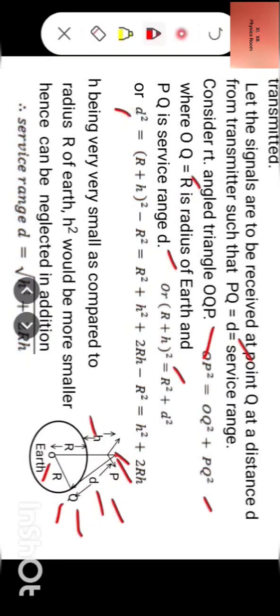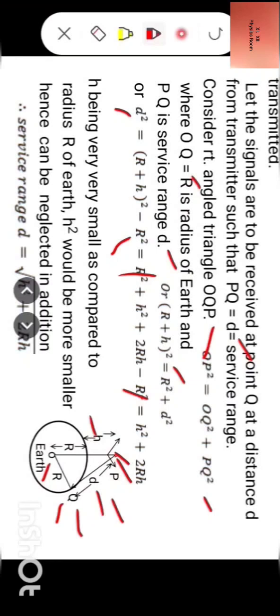Or D square is equal to R plus h whole square minus R square, or it is equal to R square plus h square plus 2Rh minus R square, where we open the bracket and we get this result, and R square cancels being plus minus.